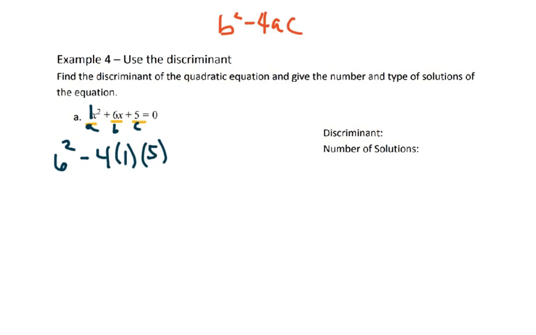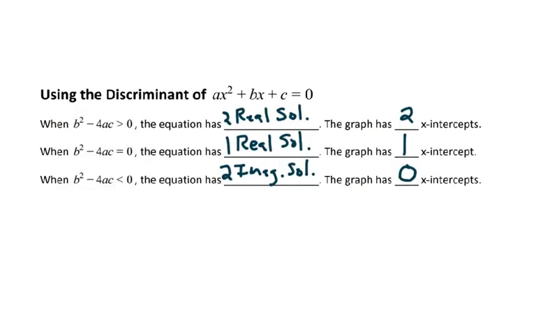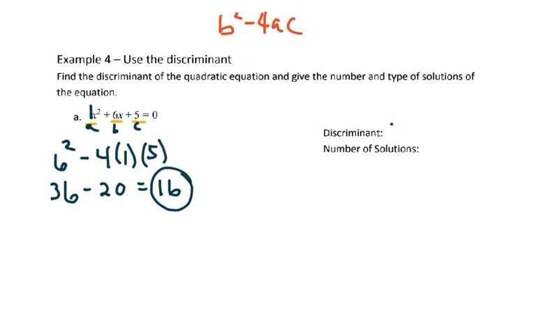So when I put all this together, I'm going to have 36 minus 20, which is positive, which tells me that it is greater than 0. If we go back and look at the page before, when it's greater, we got 2 real solutions and 2 x-intercepts. So the discriminant is 16, and this has 2 real solutions. And that's what we know about it.